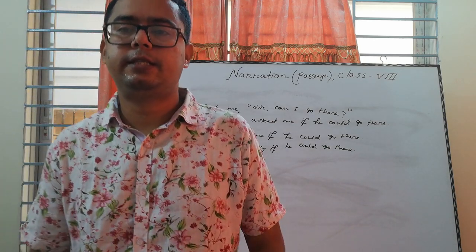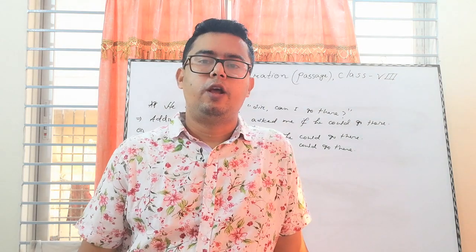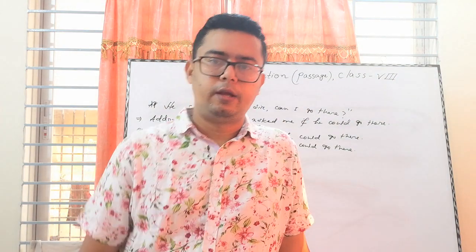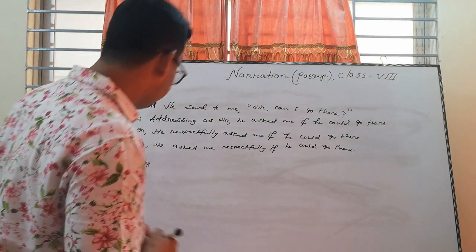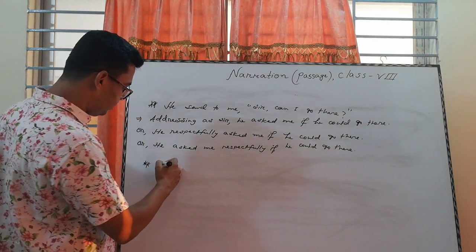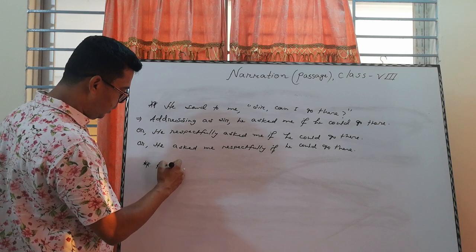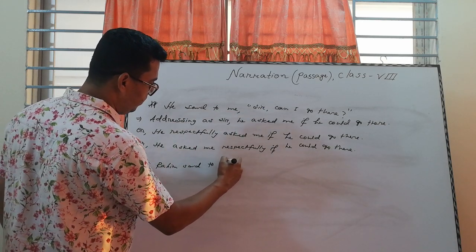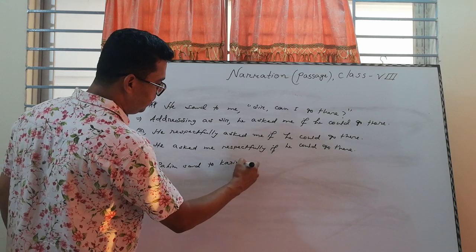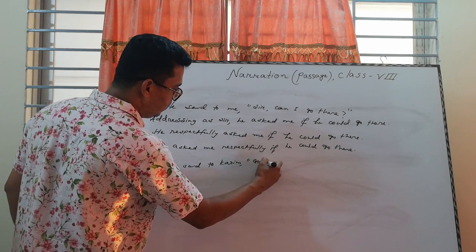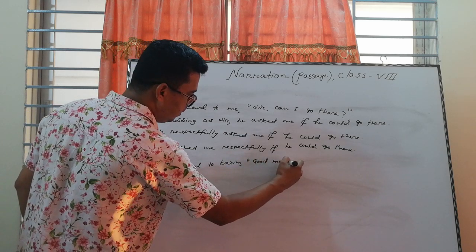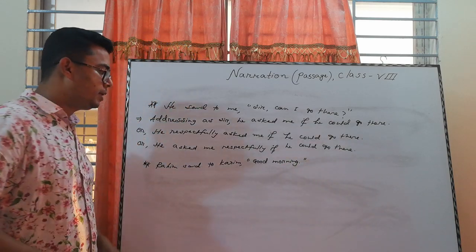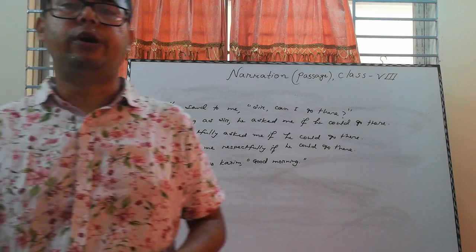Sometimes in a sentence you can get good morning, good evening, good afternoon. What should you do at that time? Try to look at here. Suppose Rahim said to Karim, good morning. Rahim said to Karim, good morning.